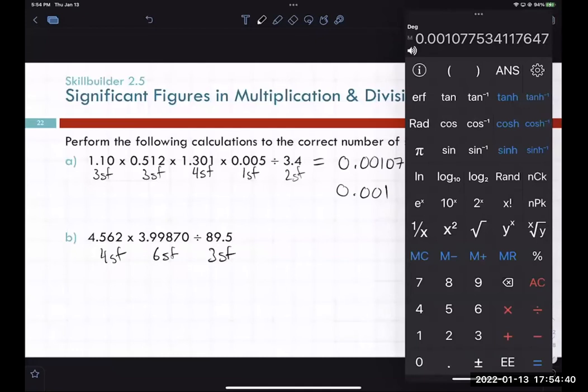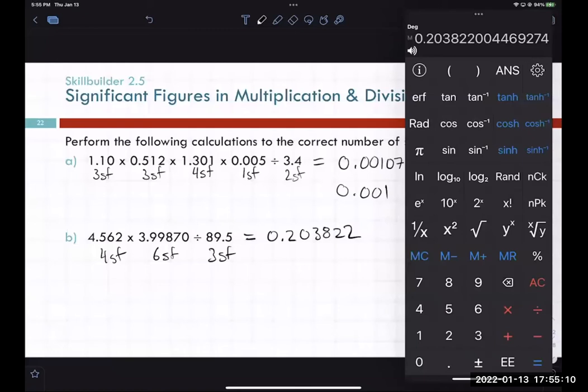So we can do 4.562 times 3.9987. Throw the 0 in there. All right, so this gives us this number. We're not rounding. Divided by 89.5. So we'll get 0.203822.